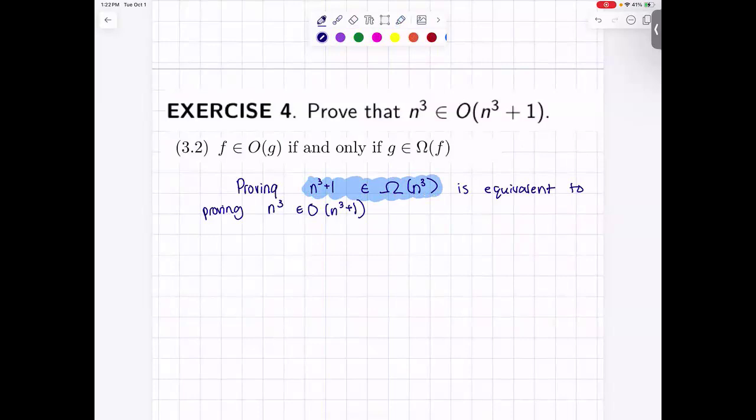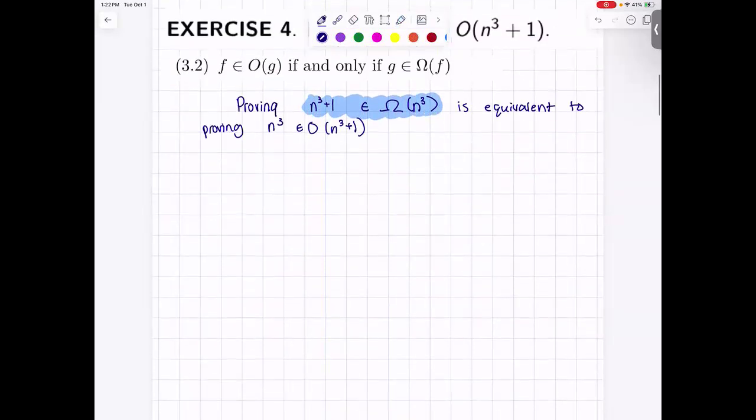Now, if we're not sure why this is true, you're allowed to just take it at face value that this is a true property.